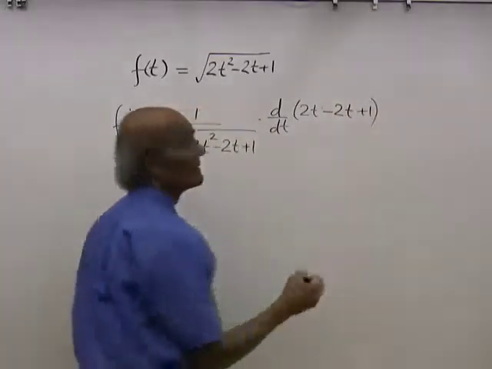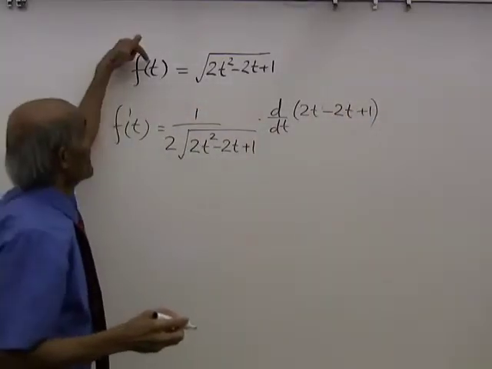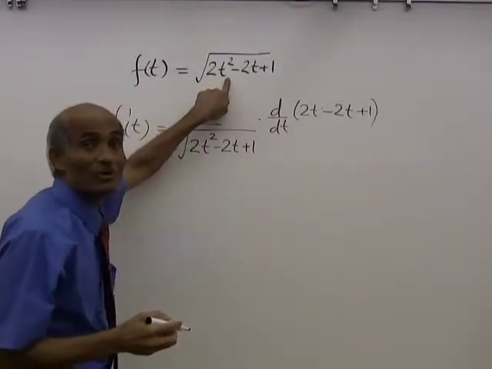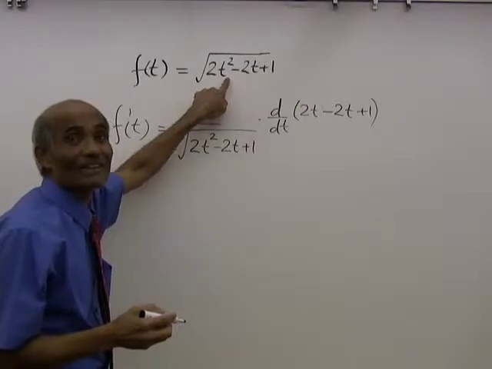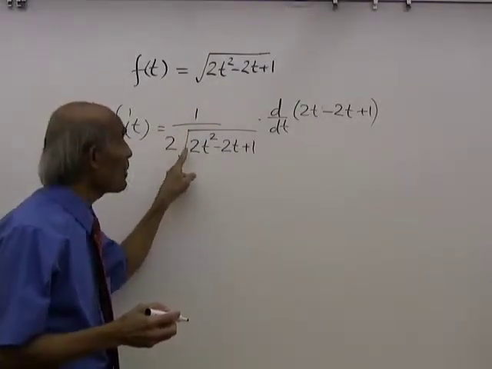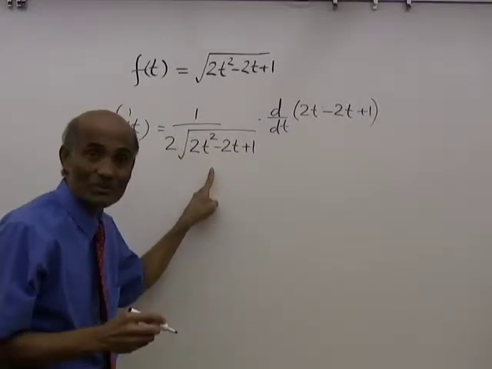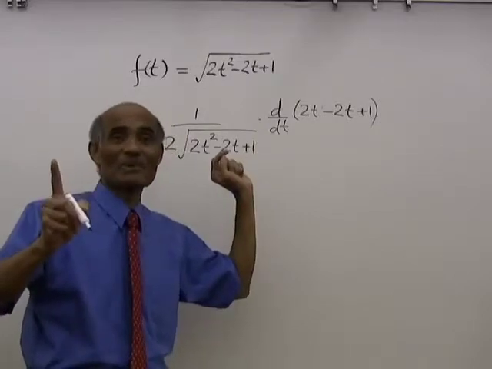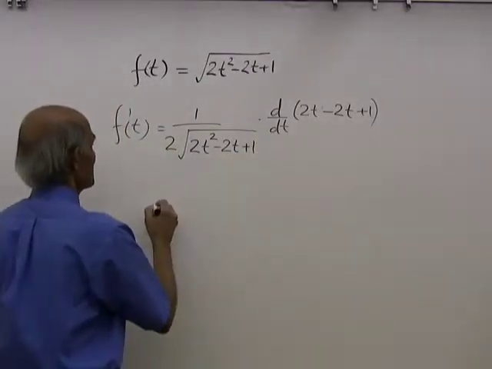So again, f of t is a square root of a quantity. The derivative will be 1 over 2 square root of that quantity multiplied by the derivative of that quantity. And what is that equal to?